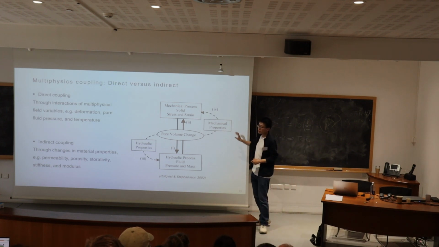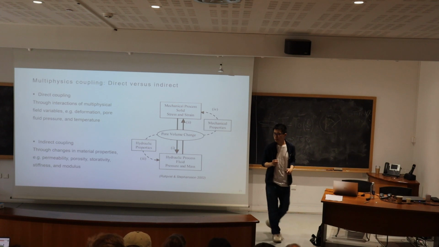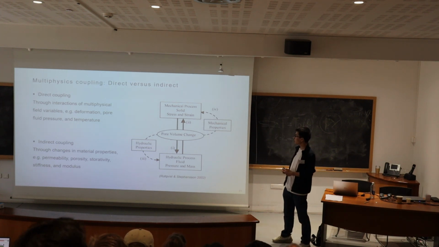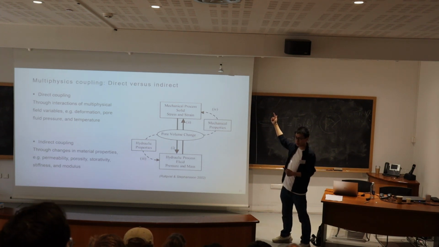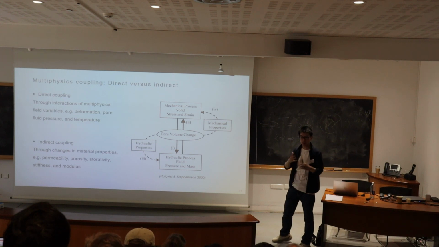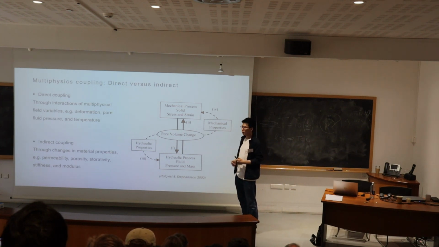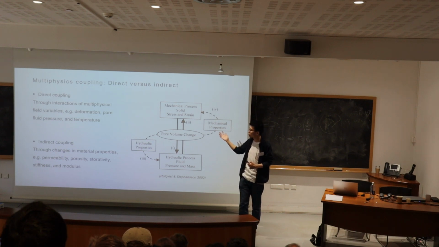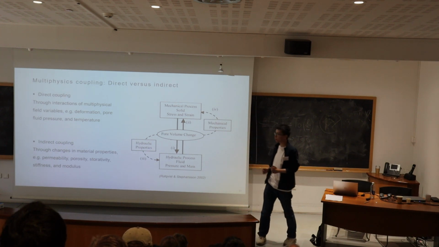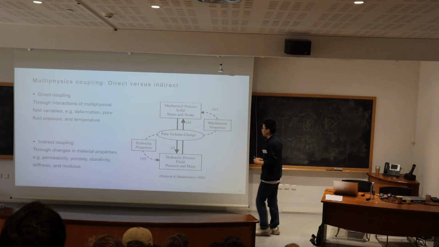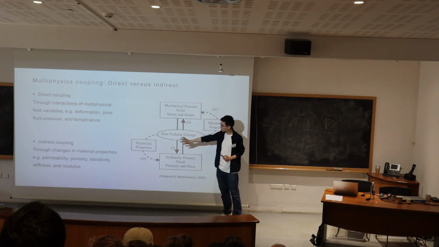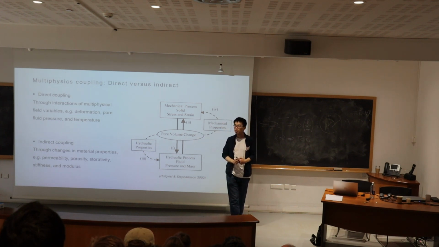For the multiphysical coupling, there are two types of coupling. One is called direct coupling, through the governing equations. They are interrelated with each other directly through field variables like temperature, deformation or strain, and fluid pressure. The other important type is indirect coupling.